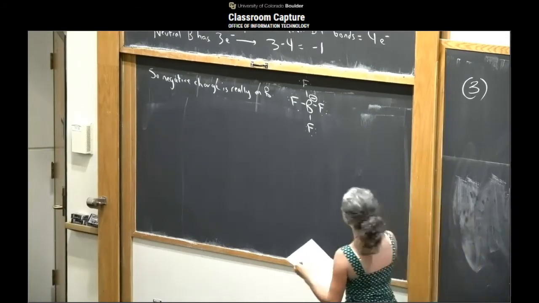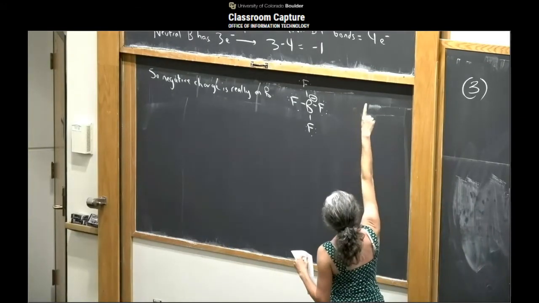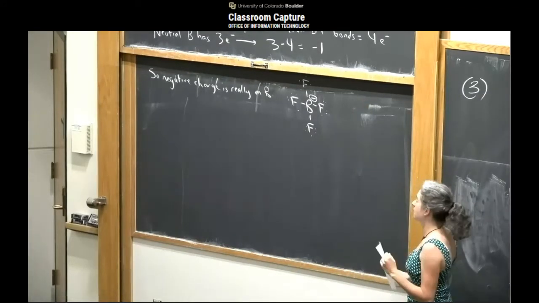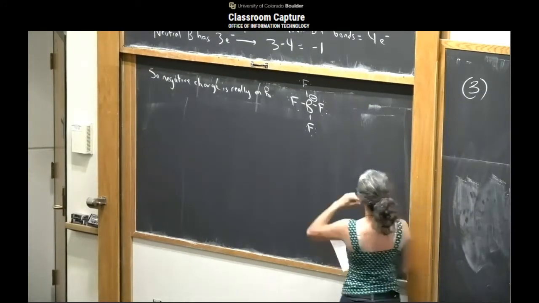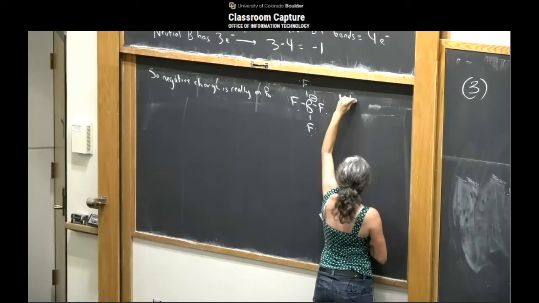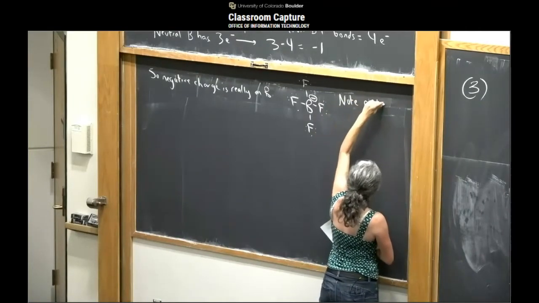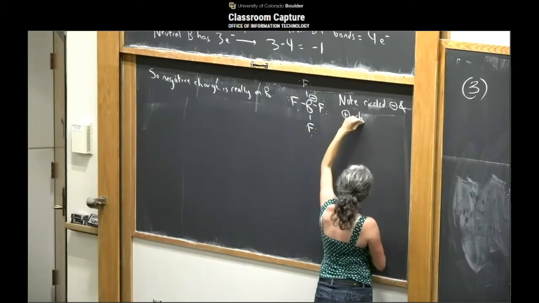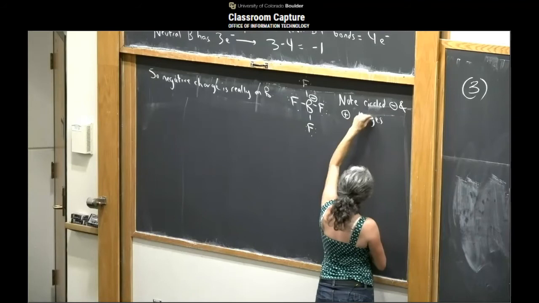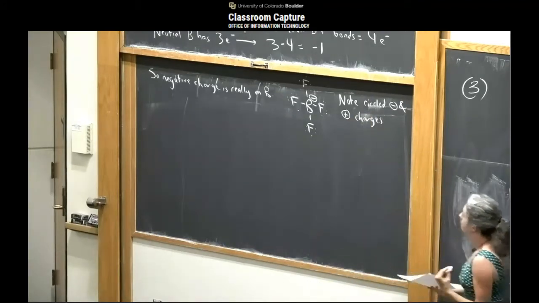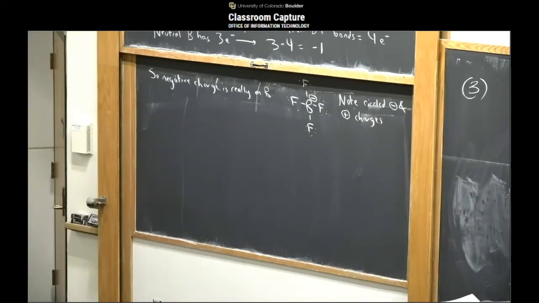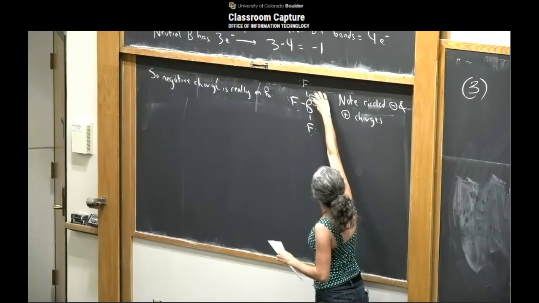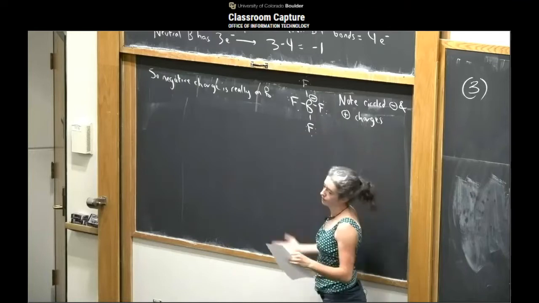Okay, so this might be a good time to point out that you may have noticed I circle my plus and minus charges. Pretty much all organic chemists do that. The reason is that if you don't circle them, it starts getting a little bit visually confusing. Like if I didn't have this circle around the minus charge, that might look like a bond to nowhere.